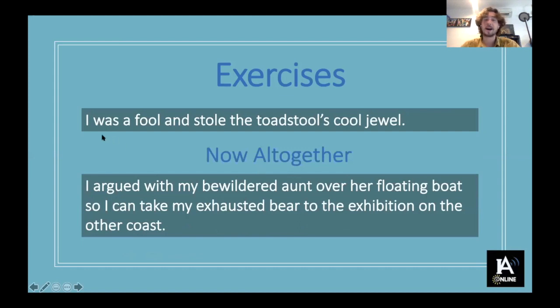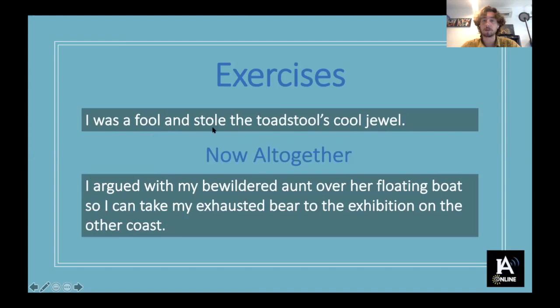Last one. I was a fool and stole the toadstool's cool jewel. So I was a fool, two O's, ool, and stole, similar, but slightly different, ol and ool.